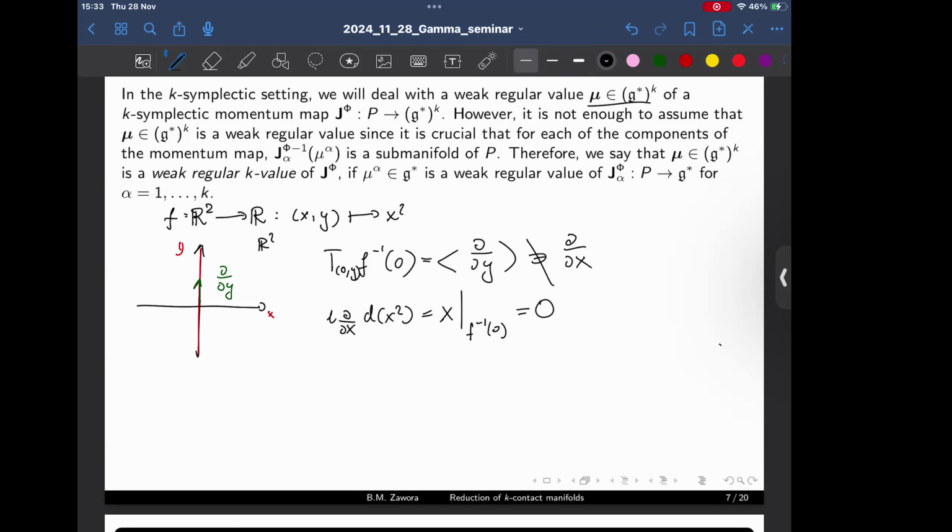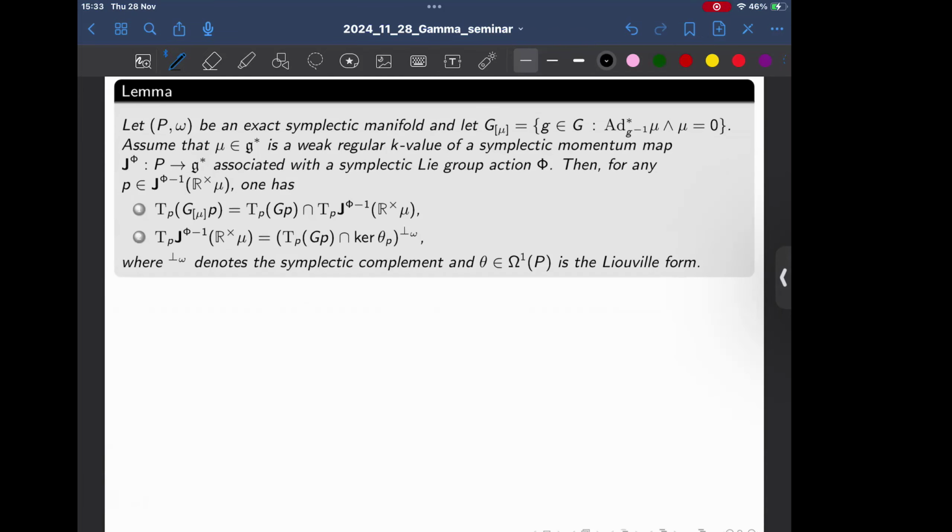Okay, so let me move further. To perform a k-symplectic reduction, a modified k-symplectic reduction, we need some analog of the standard reduction lemma, which says, in the classical symplectic setting, that the tangent space to the orbit generated by G_mu is the intersection of the tangent space to the orbit generated by the whole G with the level set of the momentum map.